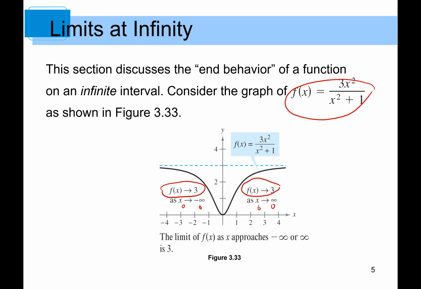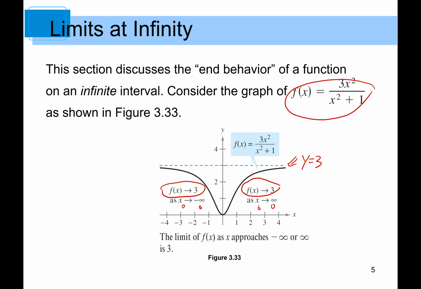Okay, if you look at this particular case, when x approaches negative infinity, then f of x approaches 3, and this is the horizontal line y equals 3.